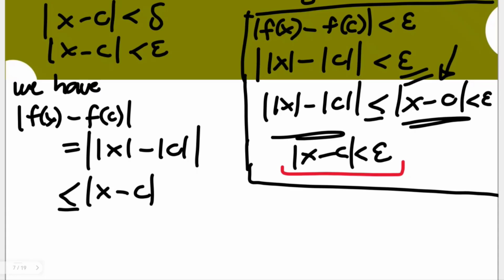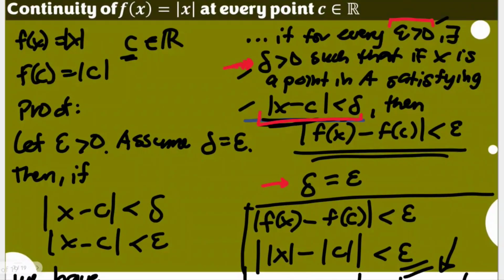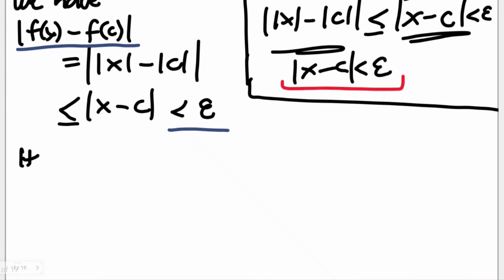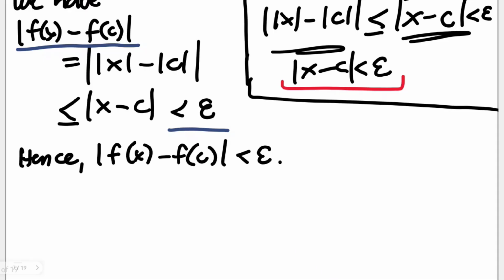Then this is less than epsilon. As you can see, we have reached our target. With that, we simply make the statement: hence, the absolute value of f of x minus the absolute value of f of c is less than epsilon.